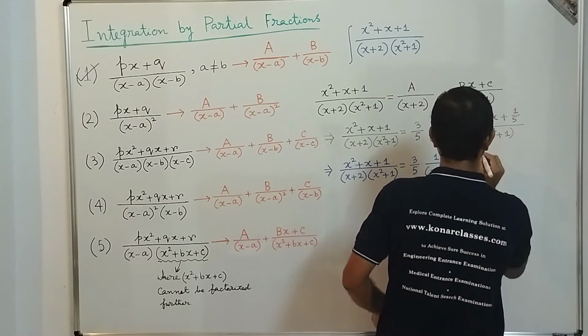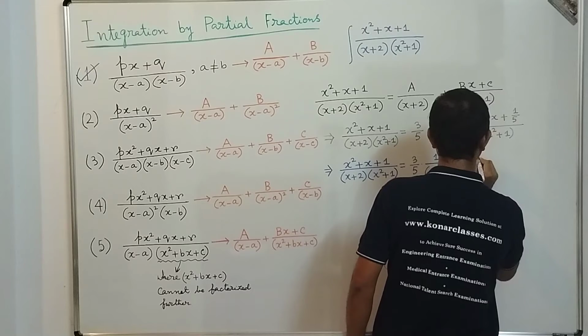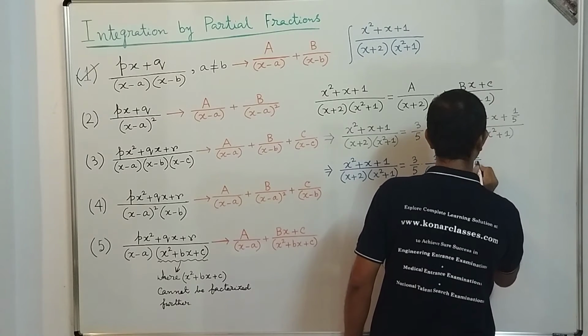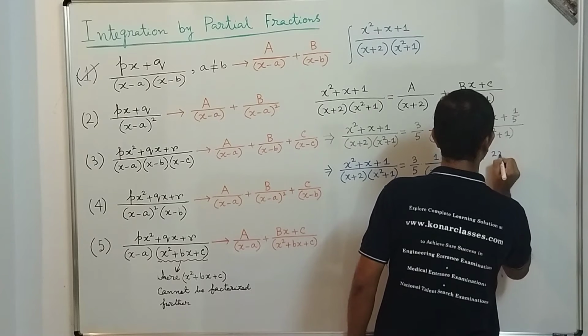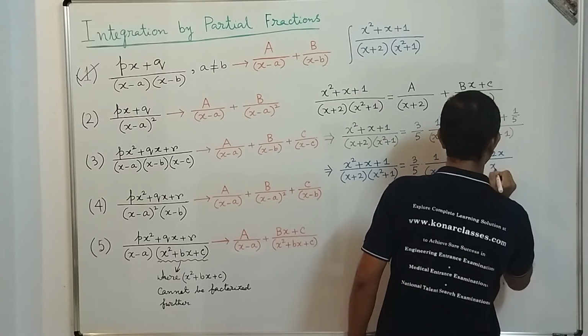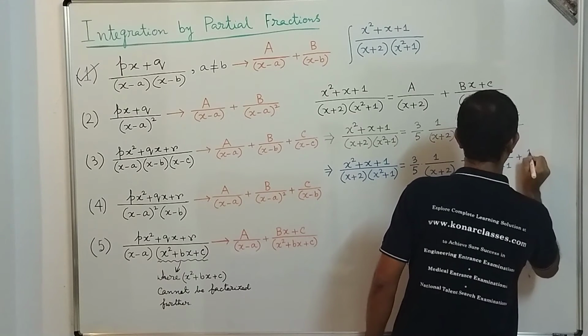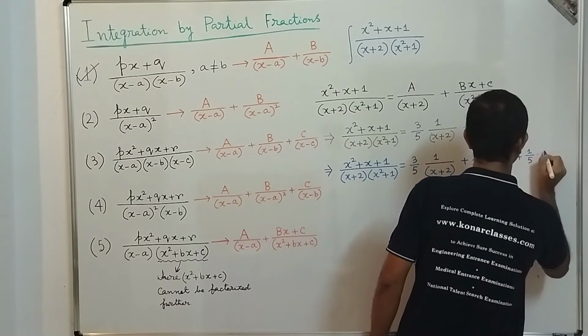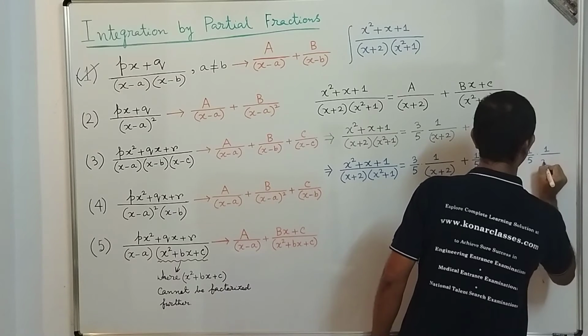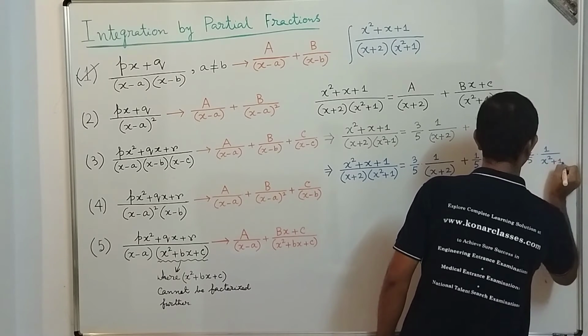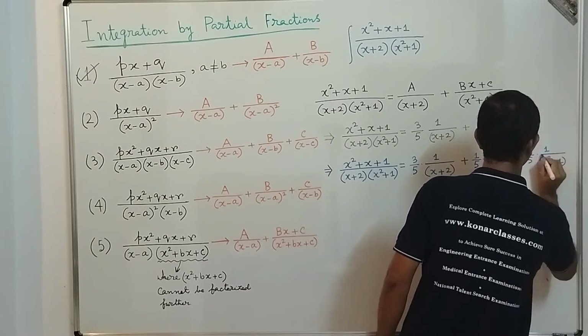We can write this as equal to 1 by 5 into 2x by x square plus 1 plus 1 by 5 into 1 by x square plus 1. Correct, dear students?